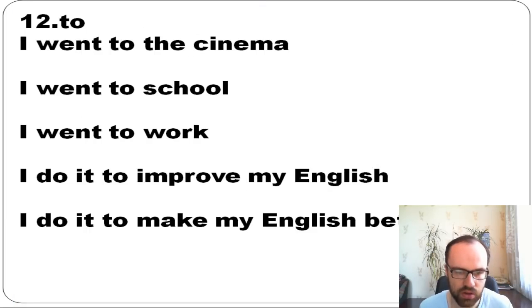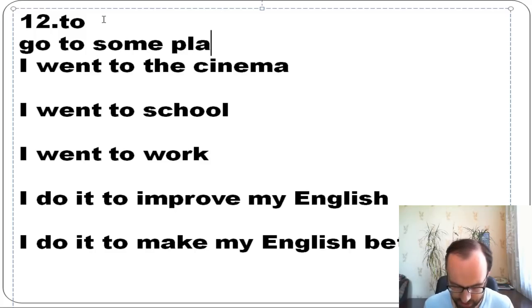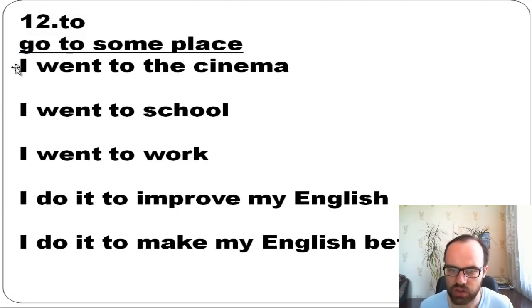Well, many students have this question: when do we use to? We often use it with the verb go. Go to some place. It can be go to the cinema, go to school, go to work. So you see, I went to the cinema, I went to school, I went to work.